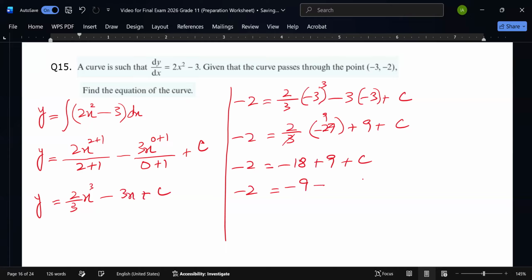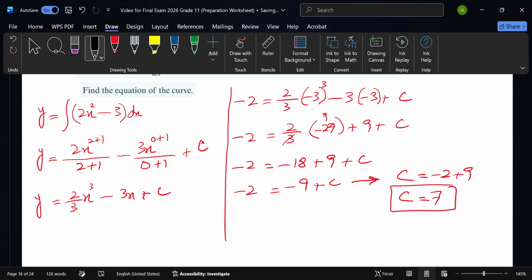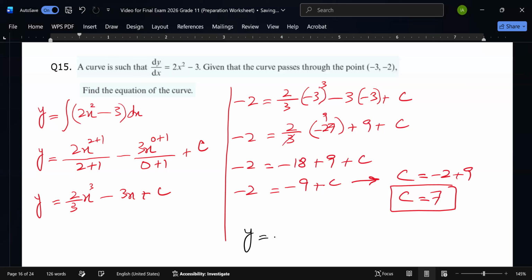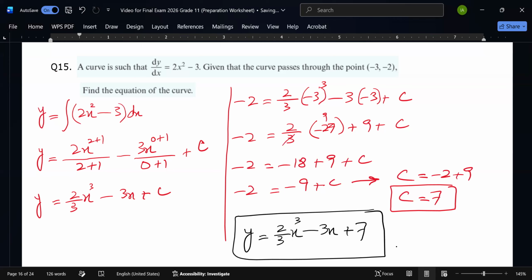So c is going to be minus 2 plus 9, and c will be 7. But we are interested in the equation. Therefore, we put this value. So y is equal to 2 upon 3 x to the power 3 minus 3x plus 7. This is the required equation of the curve, right?